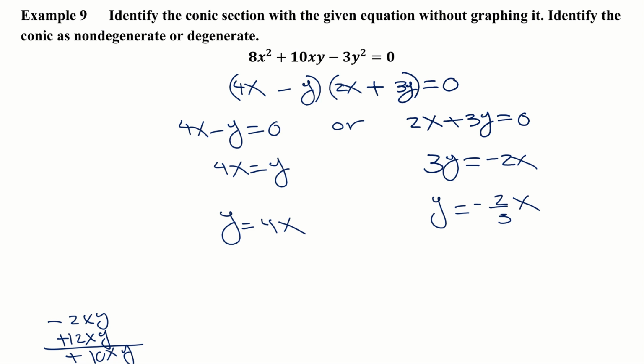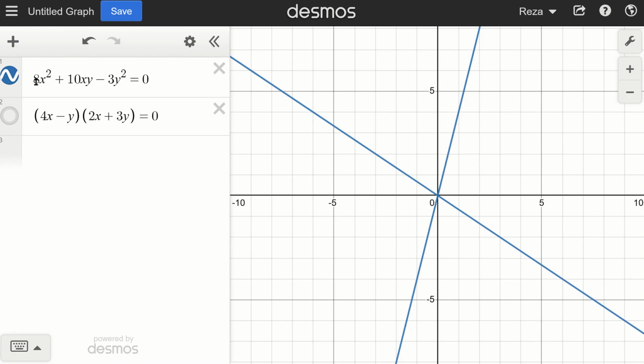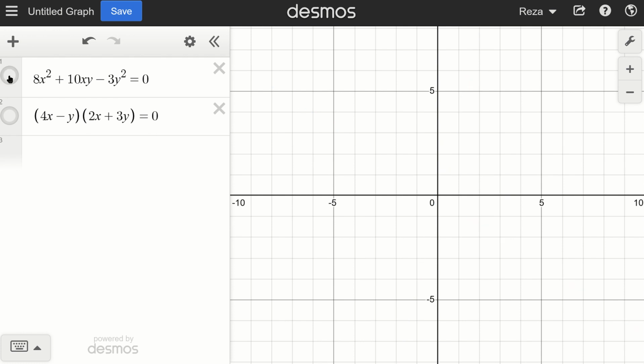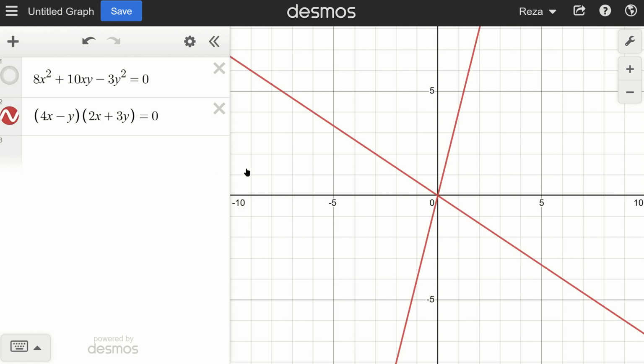Let's take a look at the graphs to gain some more insight. So notice it makes no difference whether you graph this form or the factored form. Right now we're seeing the graph of the top form. If I turn that off and do the bottom one, it's the exact same graph. In fact, if I turn them on, they're going to overlap.